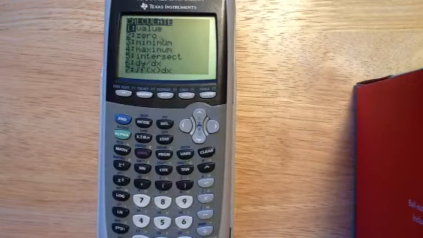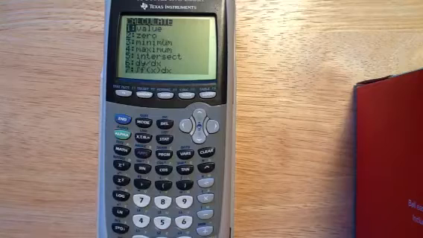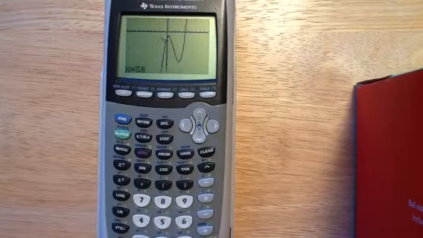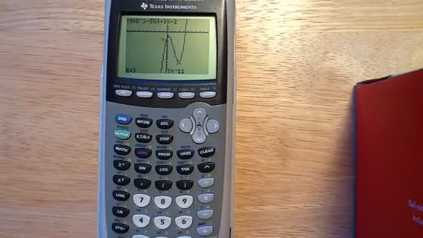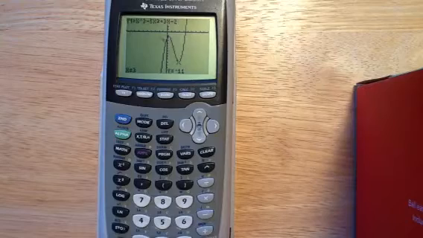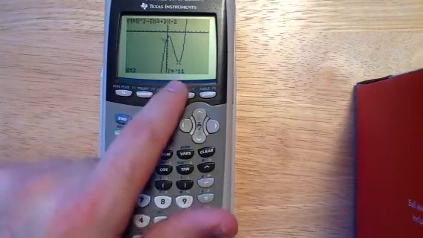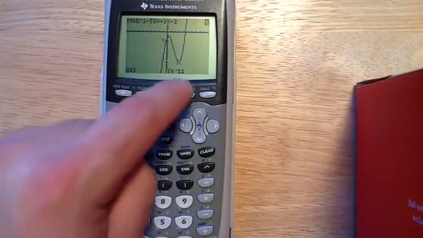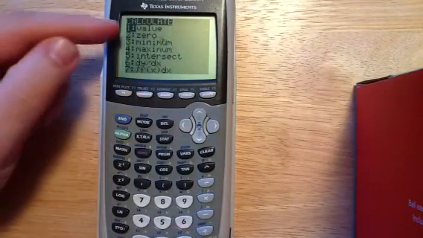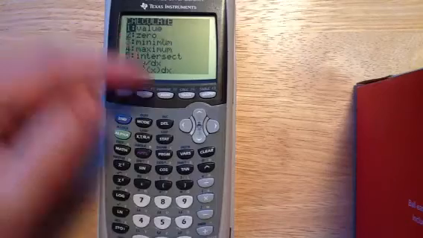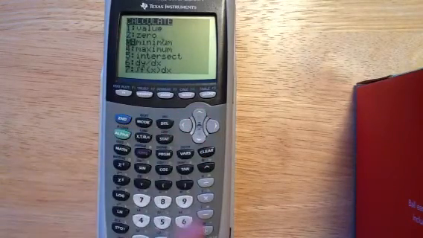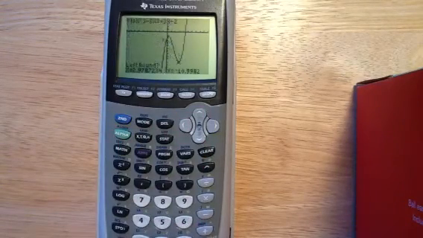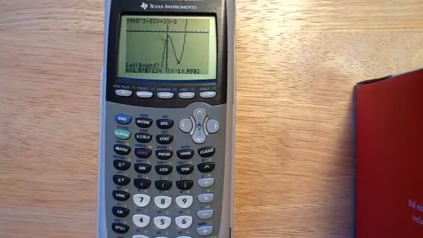If I wanted to find out what the value was at a certain point, I could just type in 3, and at 3, boy, did I just nail the minimum? I think I might have. At 3, it's -11. So let's just go back into the calculate menu and find out if x equals 3 is the minimum. Okay, it looks like it might be.